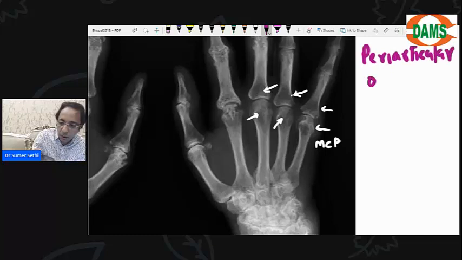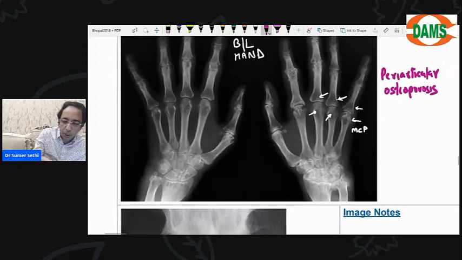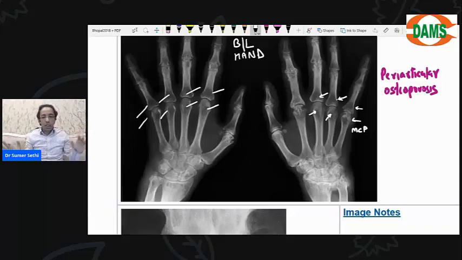Okay, so periarticular osteoporosis makes me think maybe we're looking at an inflammatory process. Then when I look at both the hands, I see that this inflammatory process is involving symmetrically both the hands, telling me it's a systemic inflammatory process like rheumatoid arthritis.